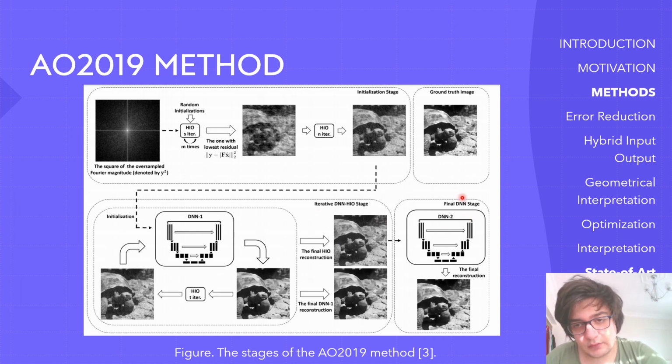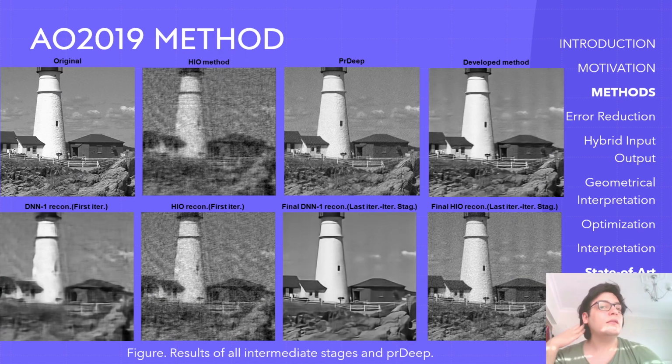Note that these denoisers are CNN-based denoisers, namely DnCNN, and they are trained using the ground truth image. For example, for training DNN1, we use the results of the initialization stage together with the ground truth image, and to train DNN2, we use the results of the iterative stage together with the ground truth image. As you can see, it has a much better reconstruction quality than the HIO method.